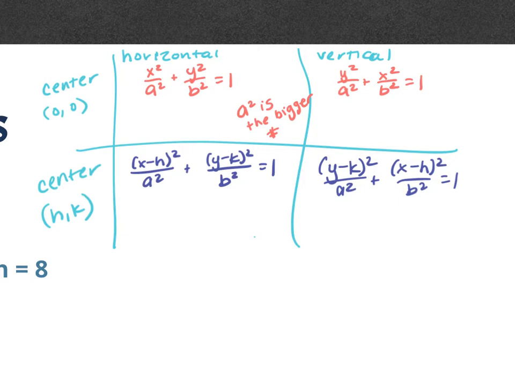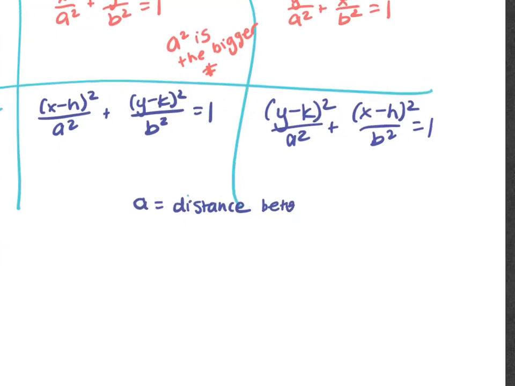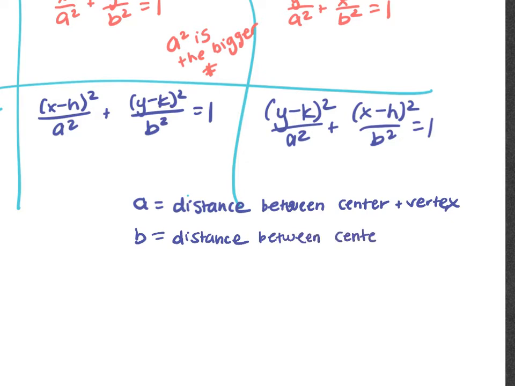For all of this, a equals the distance between the center and vertices. B, distance between center and co-vertices.